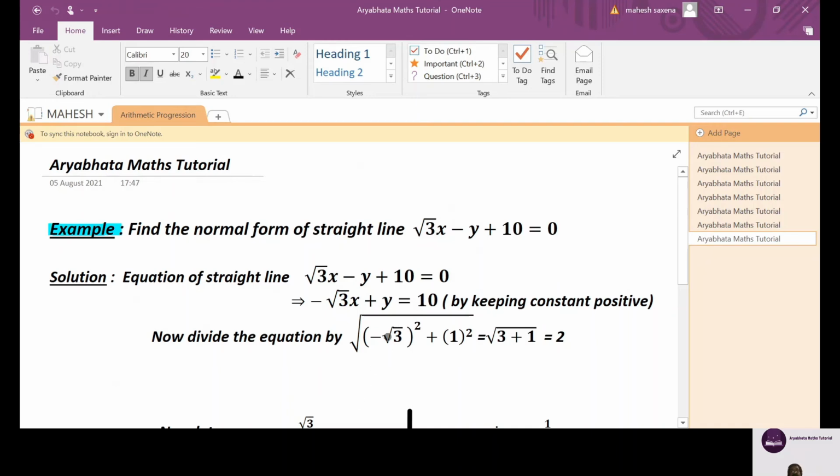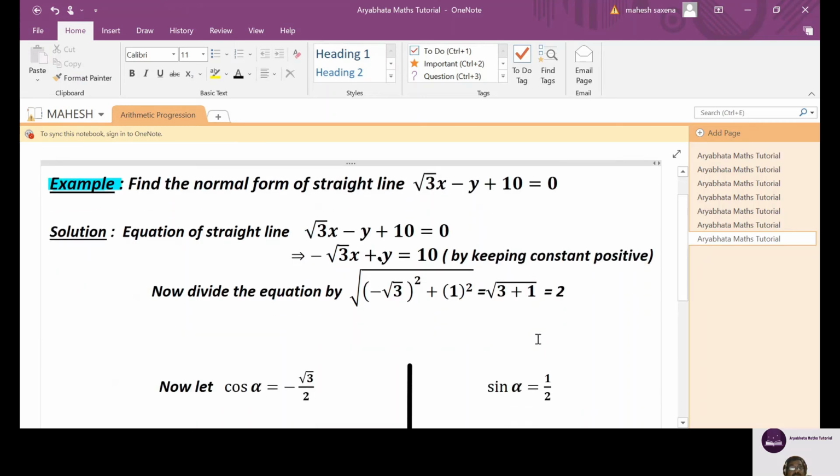Now we have to divide the whole equation by the square root of minus root 3 square plus the coefficient of y, that is 1 square. It is 3 plus 1, that is 4, whose root is 2. Therefore, we are dividing the whole equation by 2.